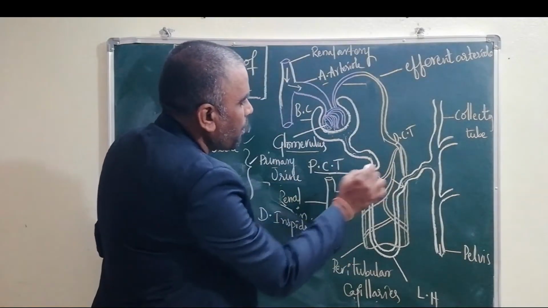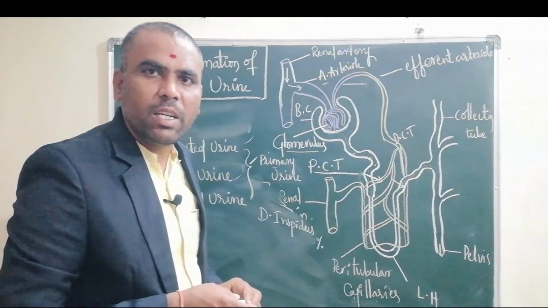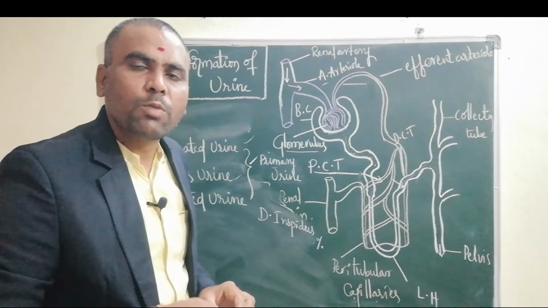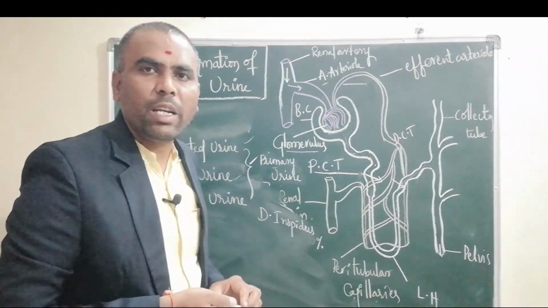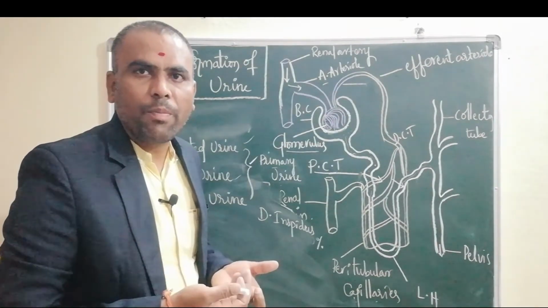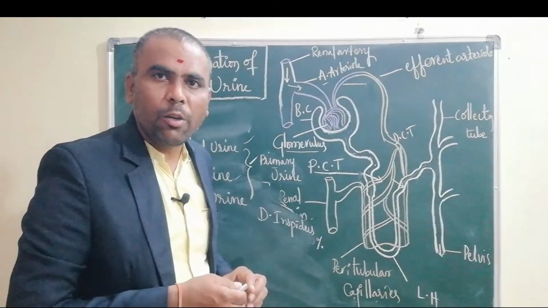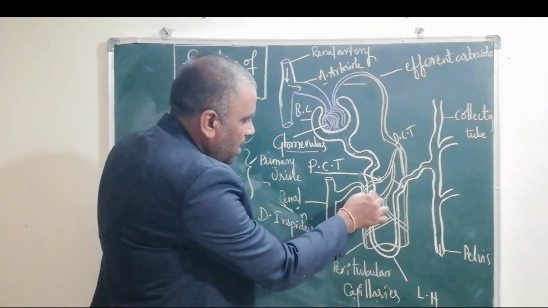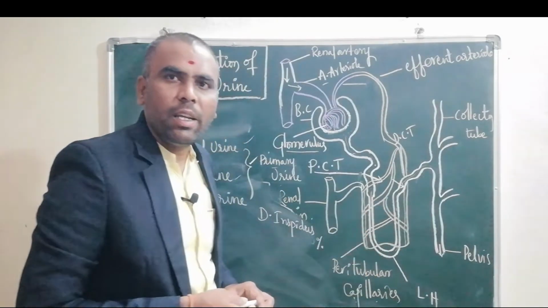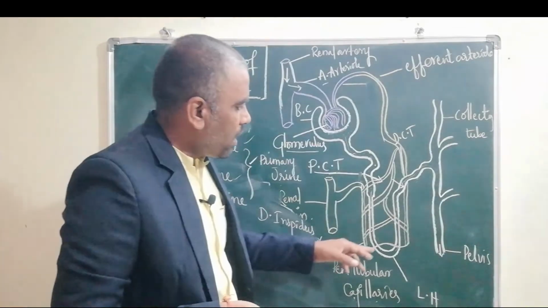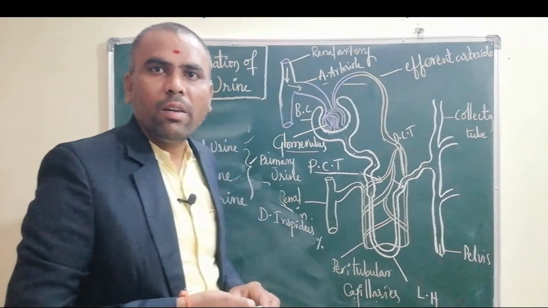Then it goes to the PCT. What happens in the PCT region? The materials are reabsorbed into the peritubular capillaries: glucose, amino acid, vitamin C, potassium, sodium, chlorides, and 75% of water. From the PCT, it goes to the loop of Henle, where 10% of water passes out through osmosis.